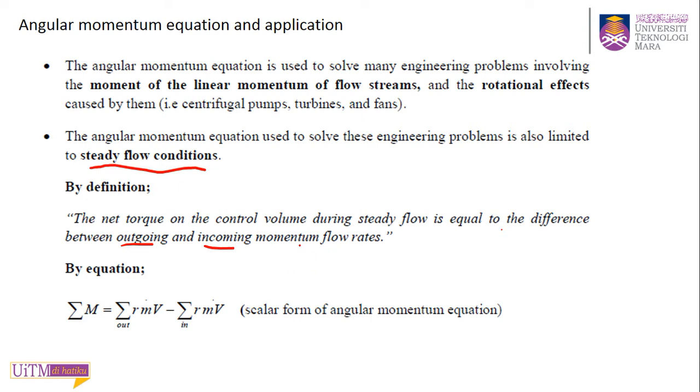To translate this sentence into an equation, this is your equation for angular momentum: the summation of moments equals the outgoing momentum flow rate, R times m dot v, minus R times m dot v for the incoming.